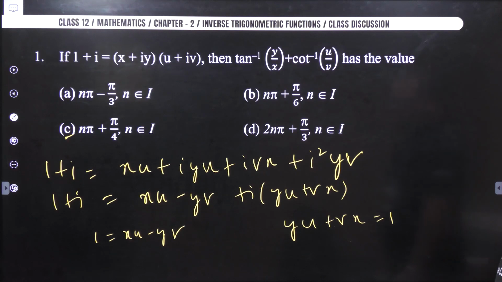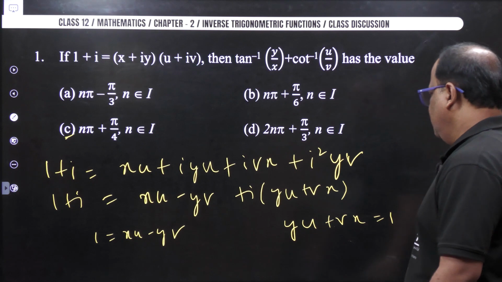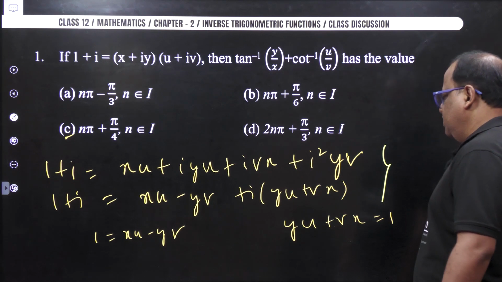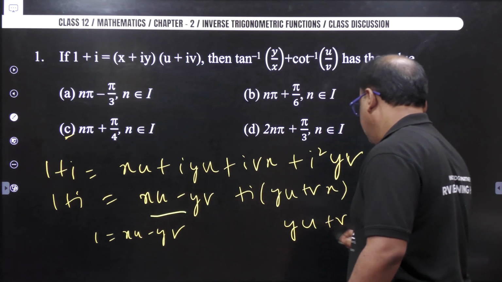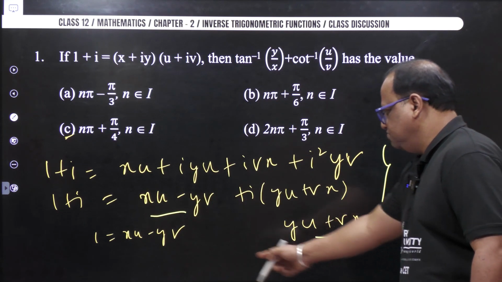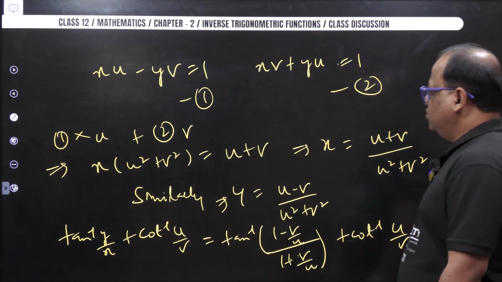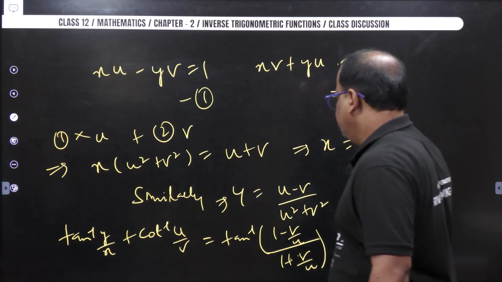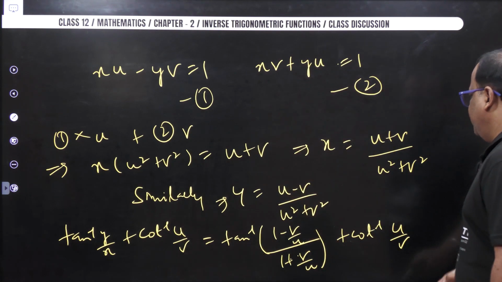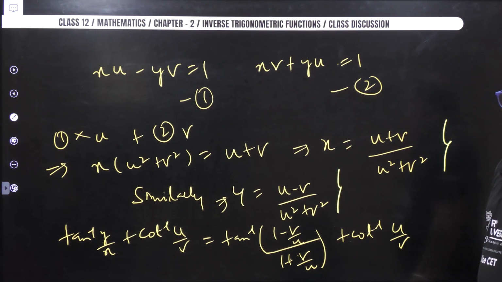See, this is the regular method. I am showing it just for your knowledge. The regular method is very lengthy, as I told you. So 1 is equal to this value and 1 is again this value. These two are simplified. So how are they simplified? First equation into u plus second equation into v, and so on. We find the x value, then the y value. See how big the values look.